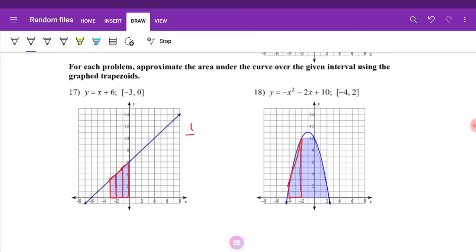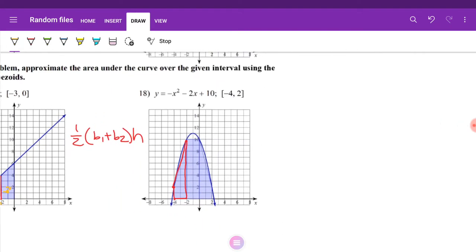And your area of a trapezoid is 1/2 base 1 plus base 2 times your height. Well, on that first trapezoid, what are your bases? Your bases are the ones that are parallel to each other. So it's actually these two, and this is your height.